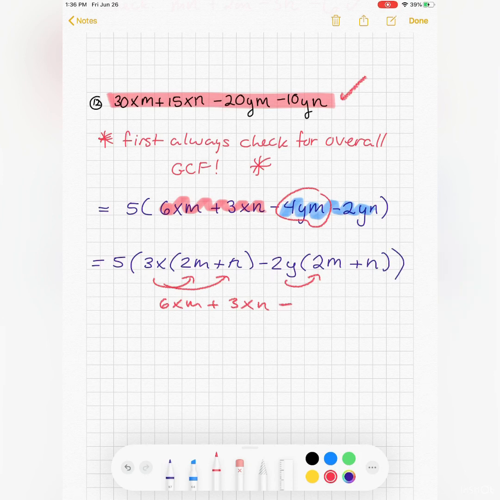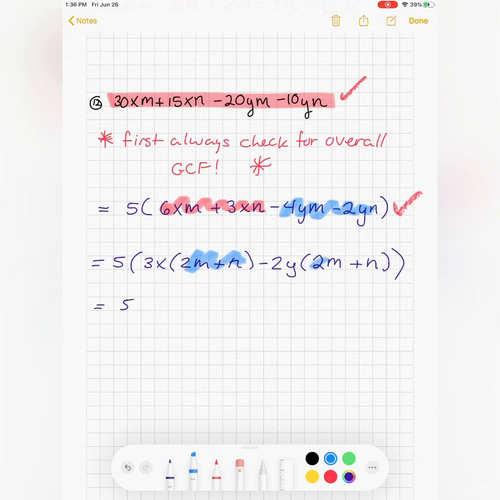Now I have minus 4ym minus 2yn. That looks correct. Of course, I have my 5 in front. Everything matches. Okay, then continue. Okay, so then now I can take my GCF out here.